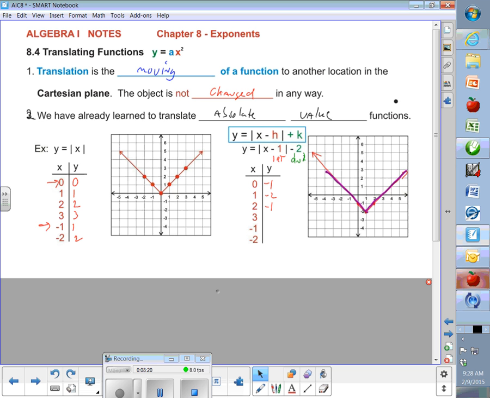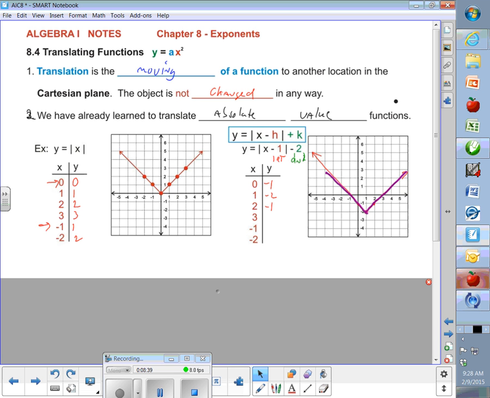Didn't we just simply move the shape 1 to the right and down 2? Again, I'll show it to you again. Here's the original. I'm going to go over to the right 1, and I'm going to go down 2, and there's my shape. Got it? You follow? And that's what we're doing.